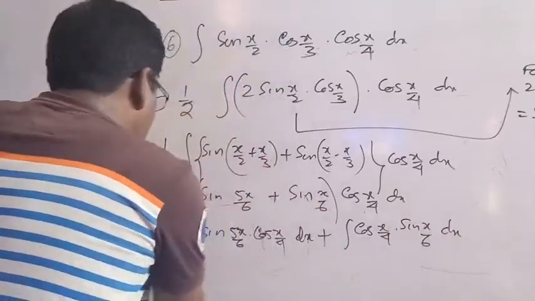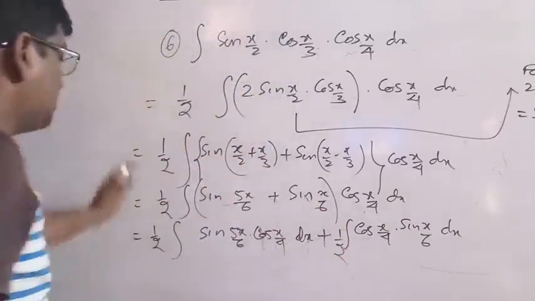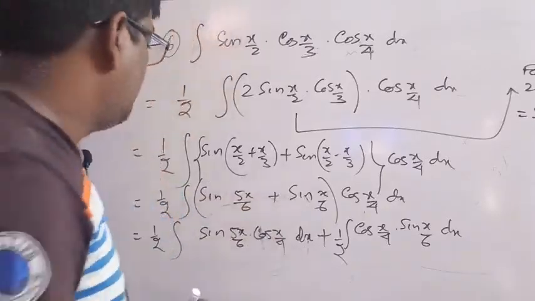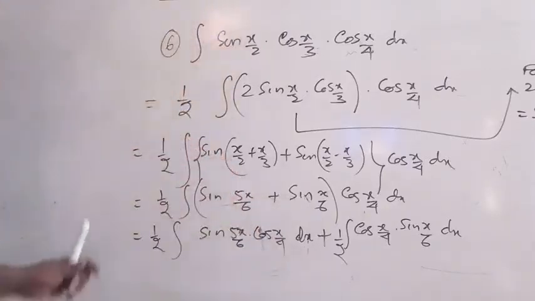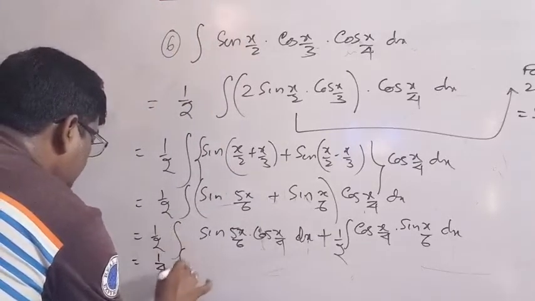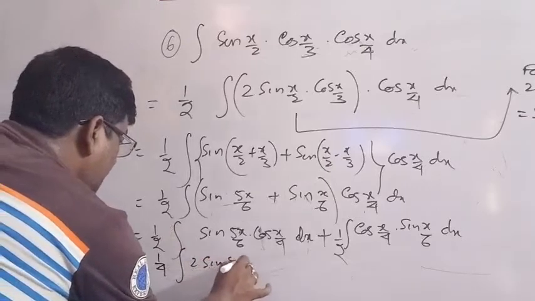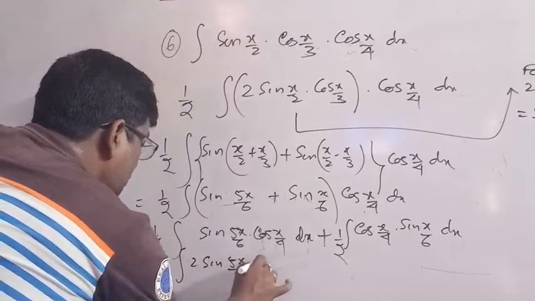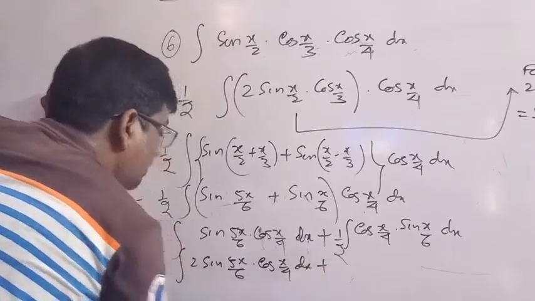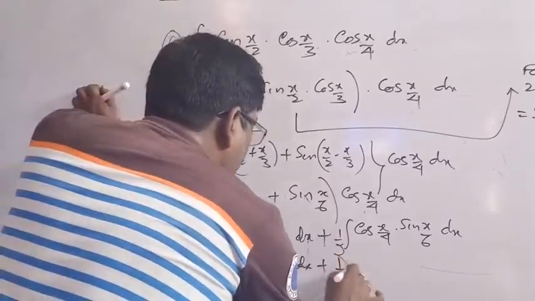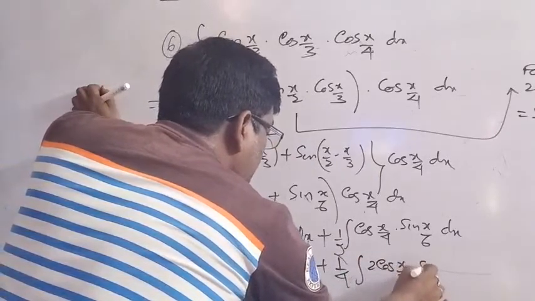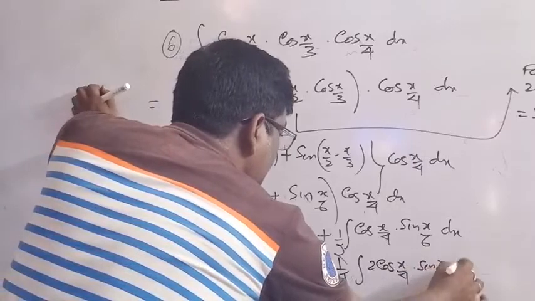This is half also here, because half is multiplied to both the terms. Now again into 2 by 2, 1 by 4 2 sin 5x by 6 into cos x by 4 dx. Again into 2 by 2, so 1 by 4 2 cos x by 4 into sin x by 6 dx.